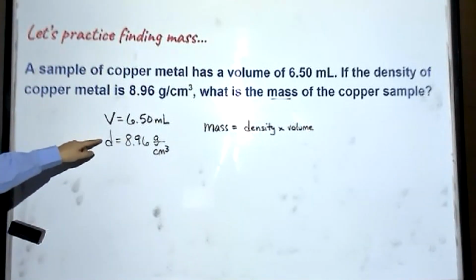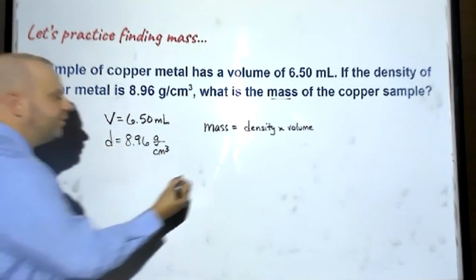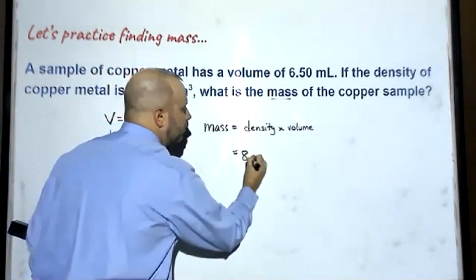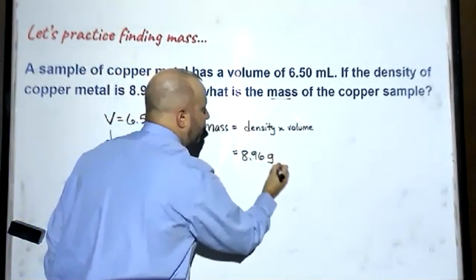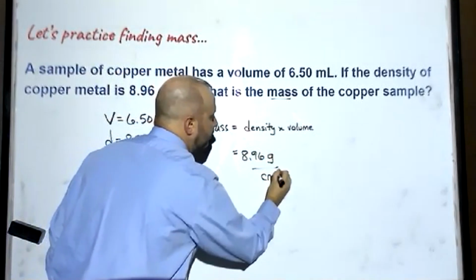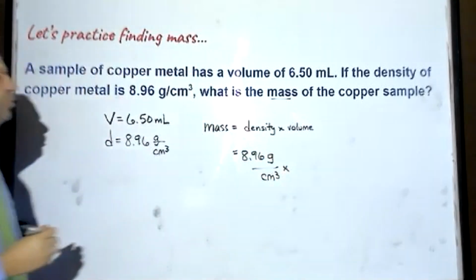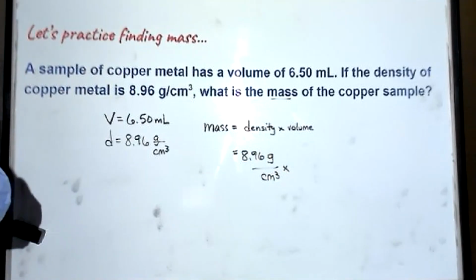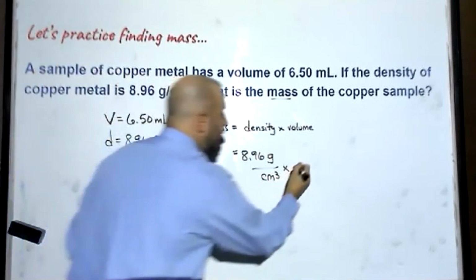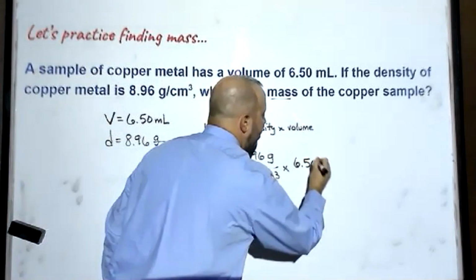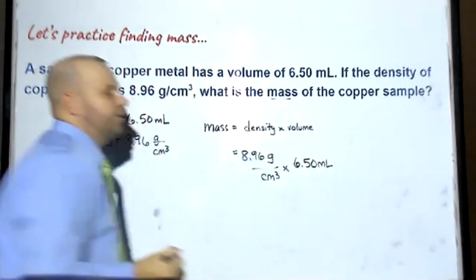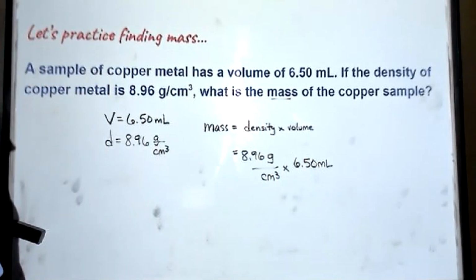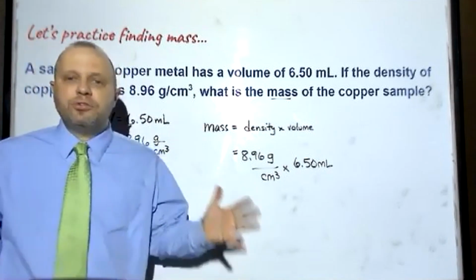I have my density as 8.96 grams over centimeters cubed. And I have my volume as 6.50 milliliters. Some of you are saying, wait, there's a problem, right?